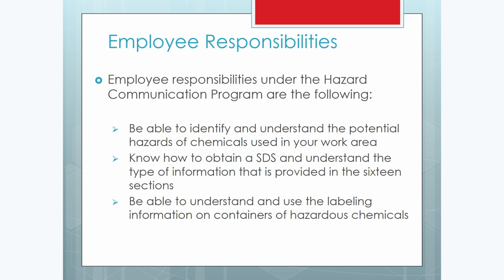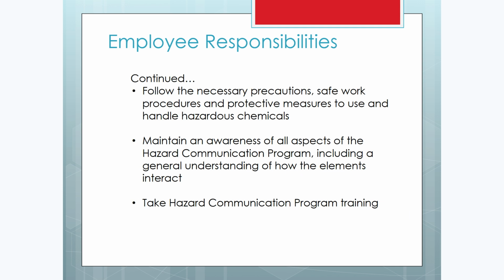Be able to understand and use the labeling information on containers of hazardous chemicals, so you should be able to read and understand what the label is telling you to do. Follow the necessary precautions, safe work procedures, and protective measures to use and handle hazardous chemicals. Maintain an awareness of all aspects of the HazCom program, including a general understanding of how its elements interact, and then take the HazCom program training.